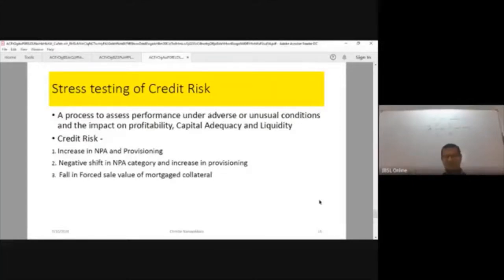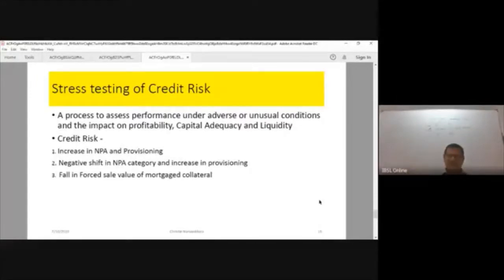Once it passes 3 months, from 3 to 6 months, you need to provide 20%. 6 months to 1 year, you need to provide 50%. Beyond 18 months, you may have to provide 100%.